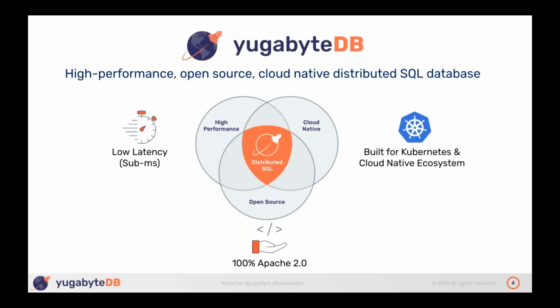Secondly, we're built for the cloud native era because we understand the dynamic nature of the underlying infrastructure that, for example, Kubernetes brings to bear, where pods can get auto rescheduled to a different node with almost no notice, right? That's what Kubernetes does. Its job is to efficiently utilize the CPU, memory, and storage resources available to us.